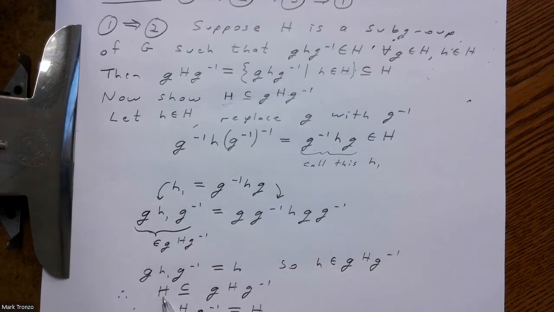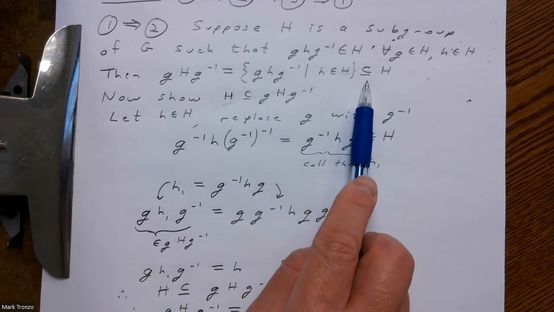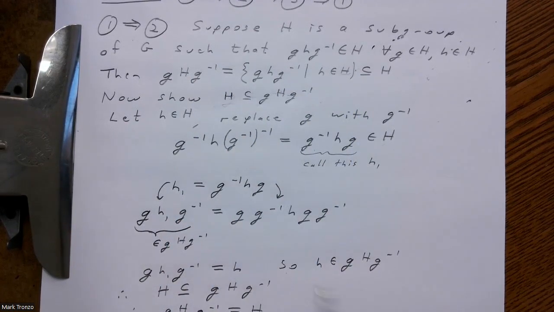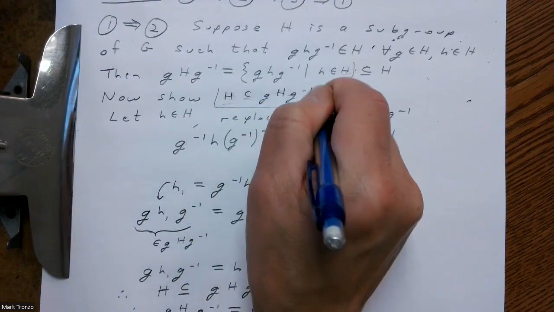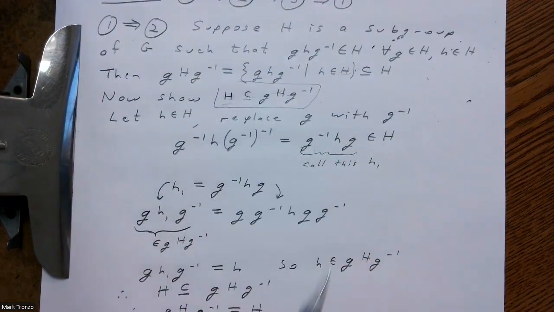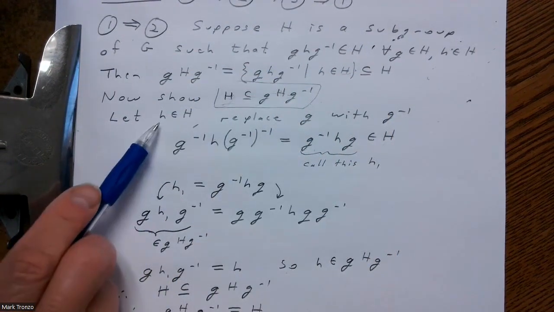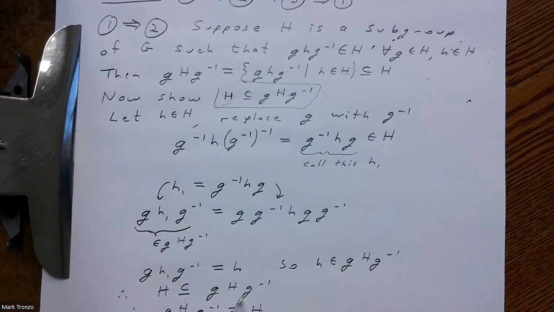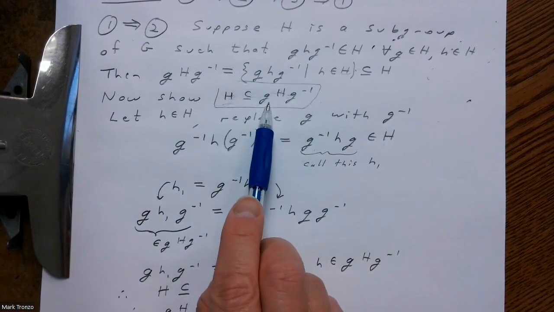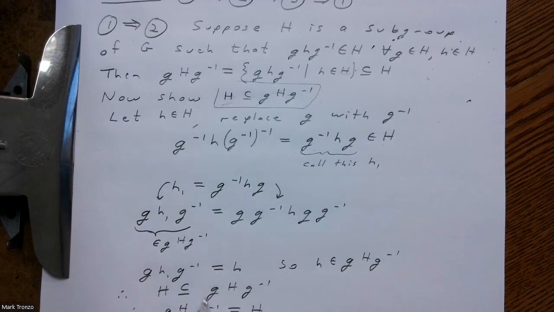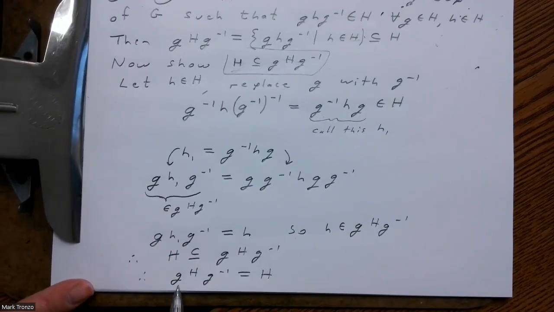Then we proved this is a subset of this. Next, we had to prove that this H is a subset of that, which we did. We picked a typical element in H and proved that it is in GHG inverse. And so we have them equivalent both ways. We showed that they're each subsets of each other. Therefore, we have GHG inverse equal to H. Any questions on that?